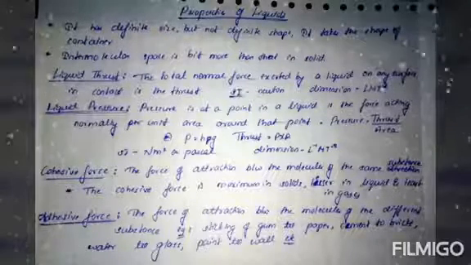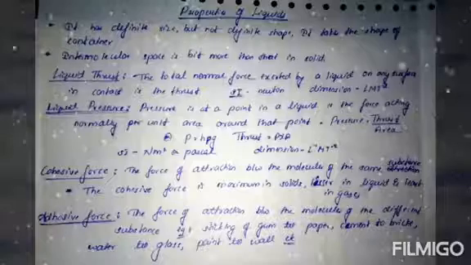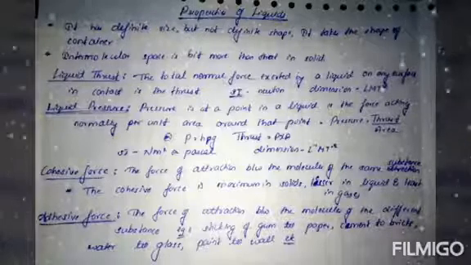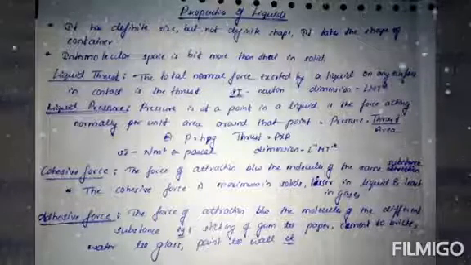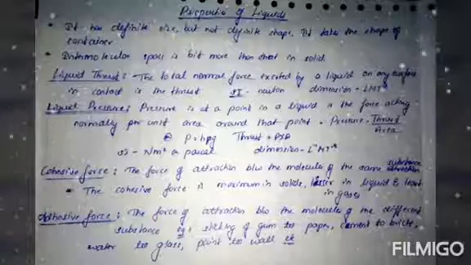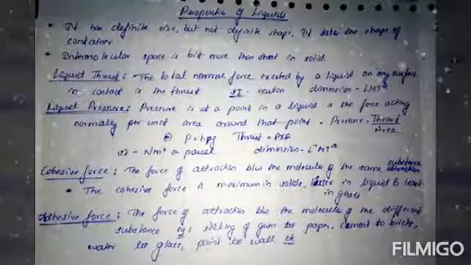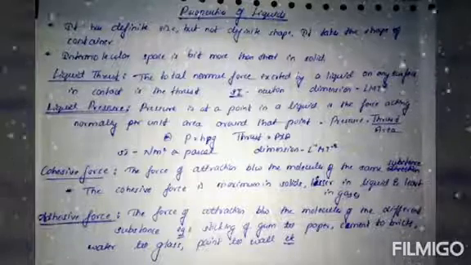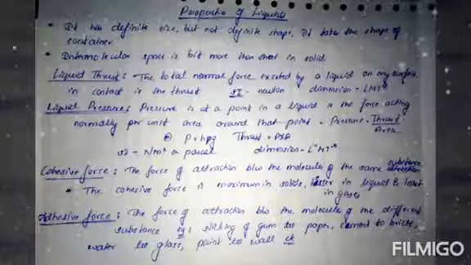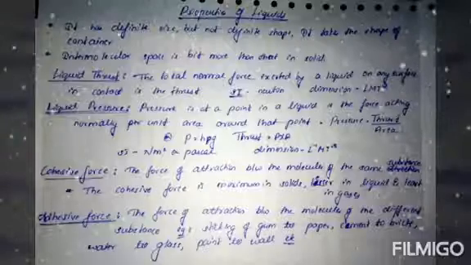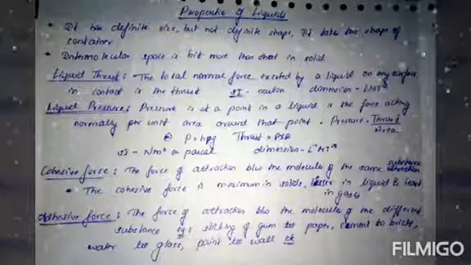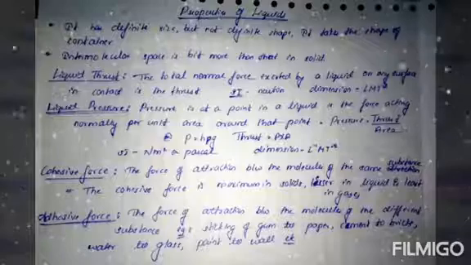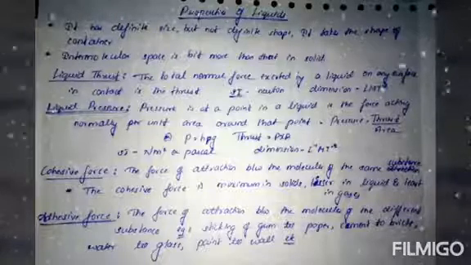The formula is pressure equals thrust by area, or P equals hρg. You can also write thrust equals P into A. The SI unit is Pascal, and the dimension is L⁻¹M(T)⁻².